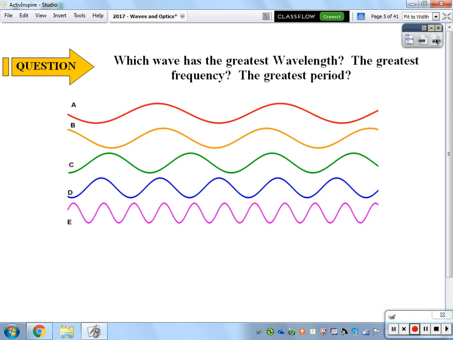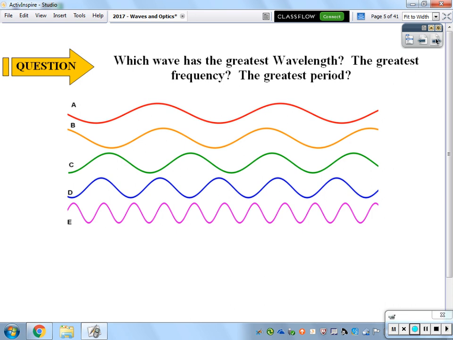Which one can have the greatest frequency? Assuming that all of these waves are produced in the same amount of time, which let's just say would be one second, these are the waves that are produced, it certainly should be E. That gives us the most waves per second. That's going to be the greatest frequency.